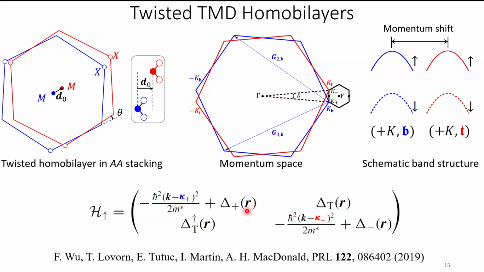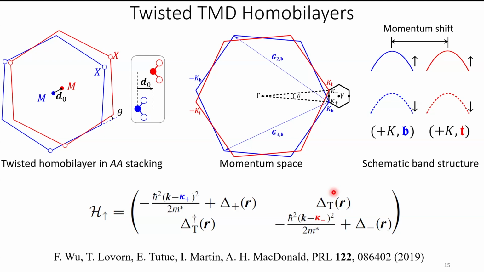The diagonal part is the Hamiltonian within each layer; it describes the particle moving in the periodic potential. And there is a momentum shift, kappa plus, kappa minus, which comes from the rotation between the two layers. The off-diagonal term is the interlayer tunneling, and this term has the same form as in the Bistritzer-MacDonald Hamiltonian.